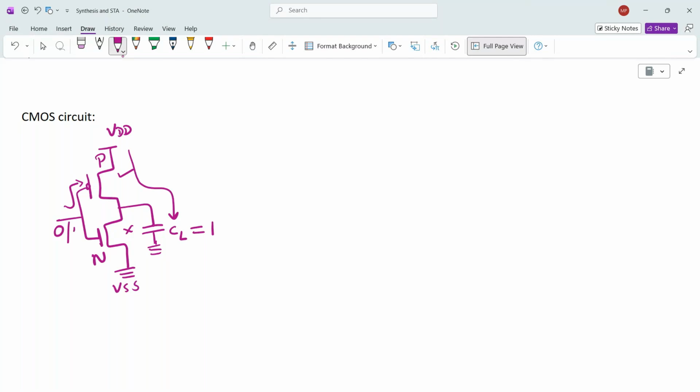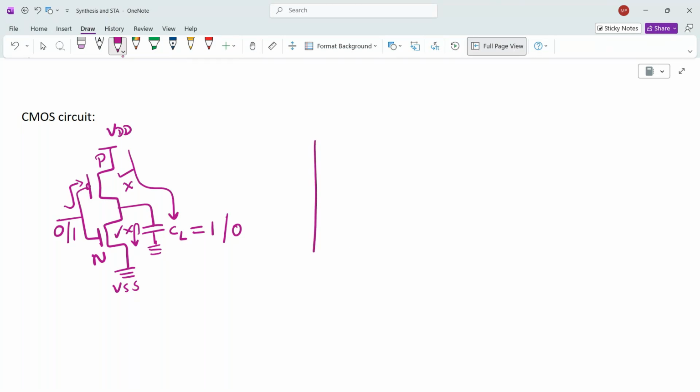When you are giving 1, your PMOS is off and your NMOS is on, so the load capacitance CL is getting discharged through NMOS to VSS, the ground. So it gives you 0. This is how it works.